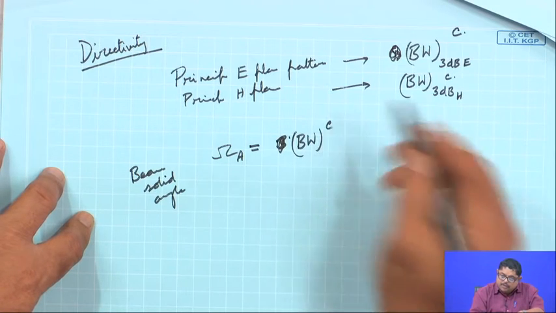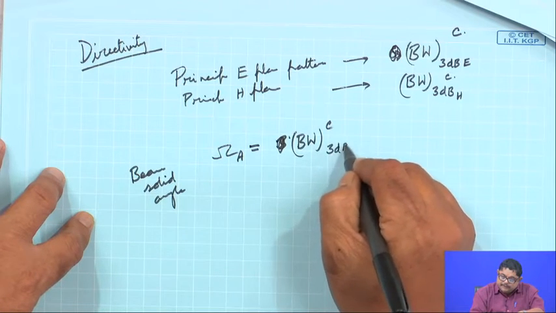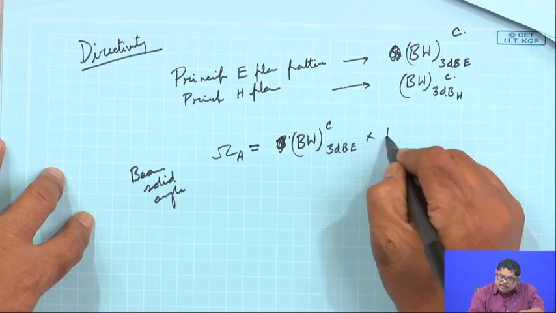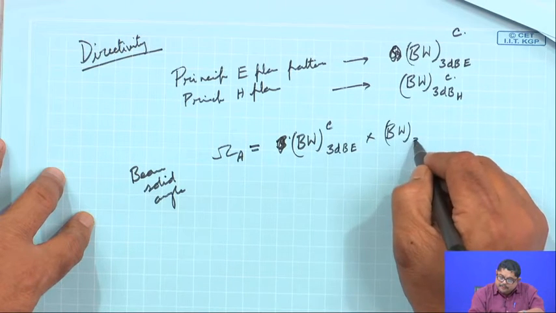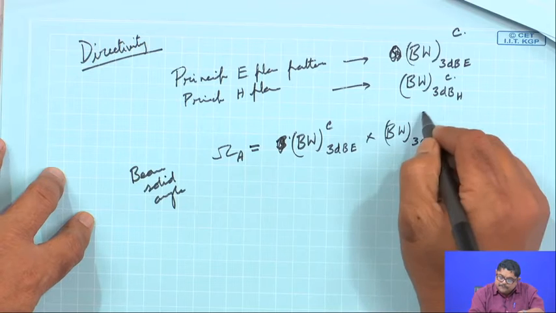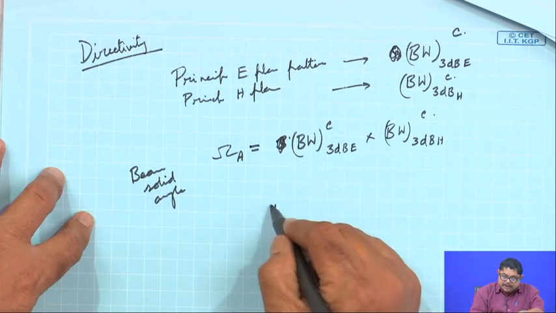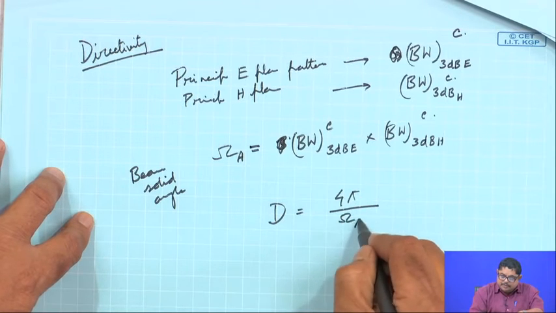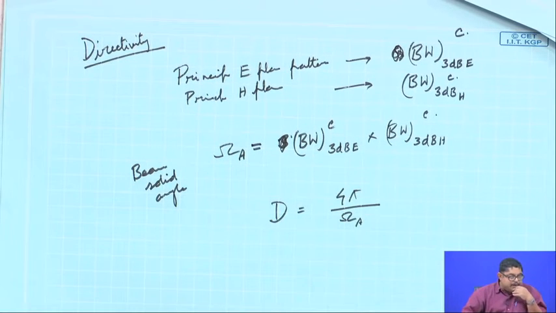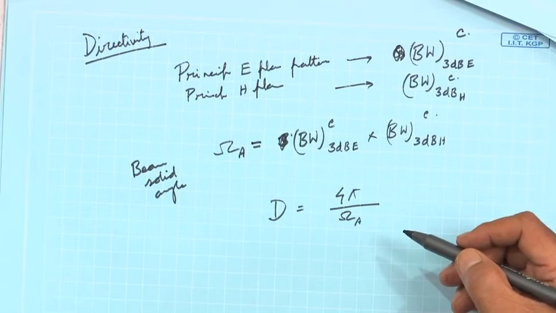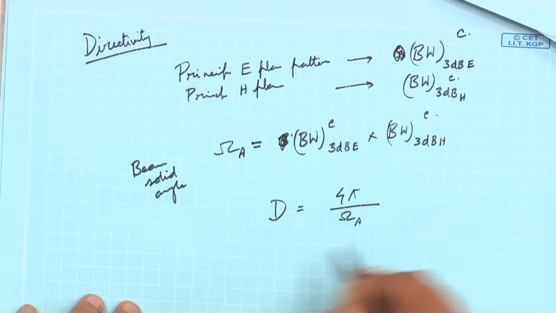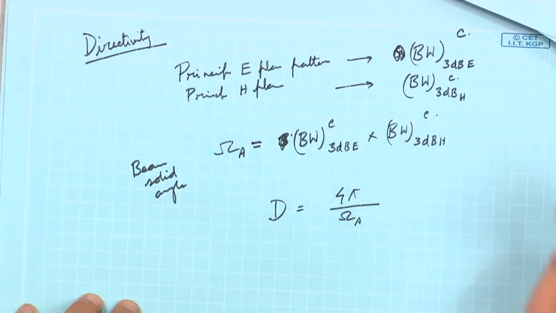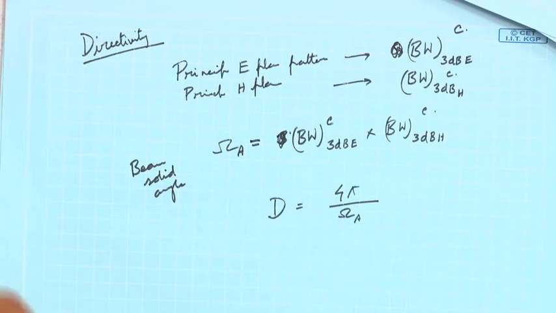Actually, for horns we have used this, the product in radian squared. So, what is directivity? 4 pi by sigma A. So, you can easily find it. If instead of radian you have degree, then you can easily convert.